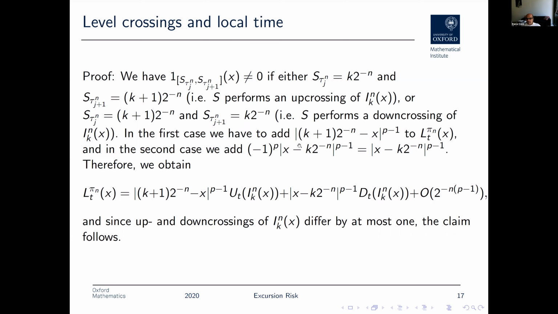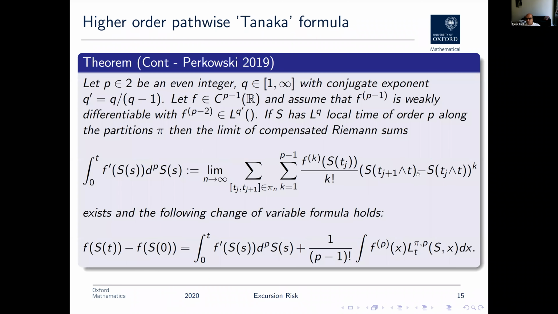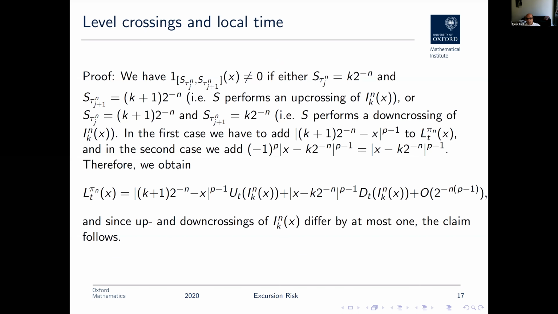So in the first case, as I said, when you do up crossing, remember the term in this sum is the value of S at the end of the interval. So if you do up crossing, the end of the interval is the higher value, so you get a contribution which is equal to this.